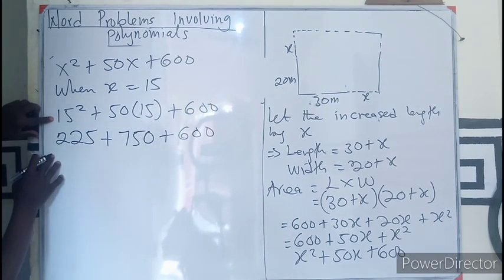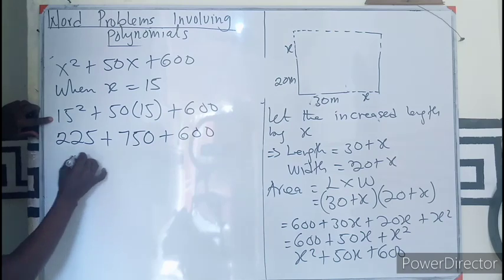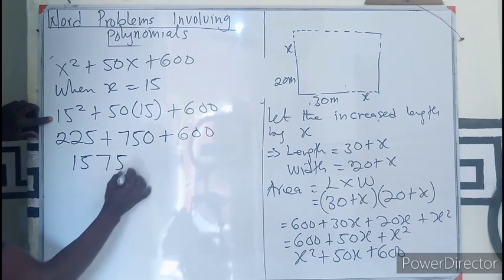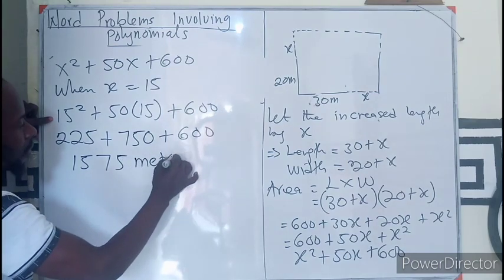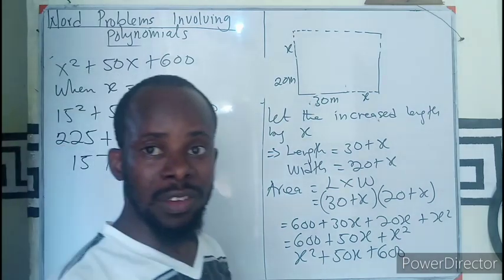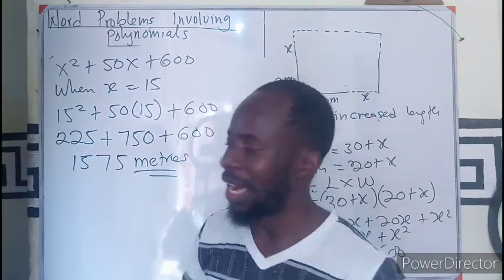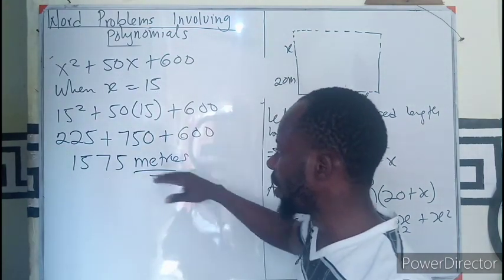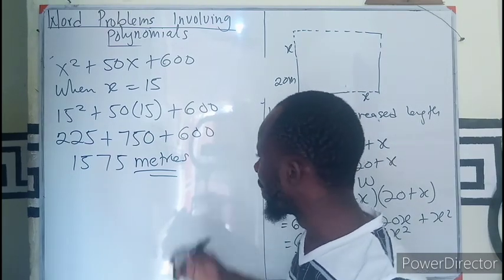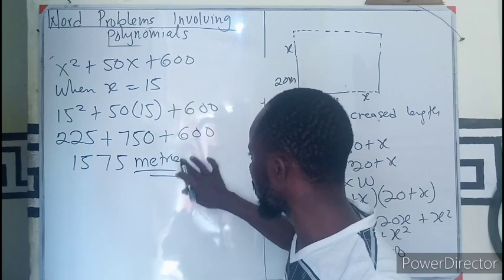Adding all this together gives us 1575. But we are using what? Meters. So it means that the new parking space area is going to be 1575 meters squared. Okay.